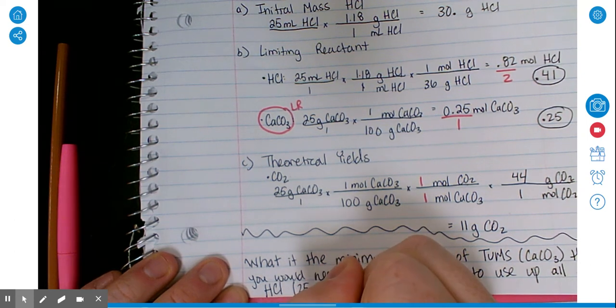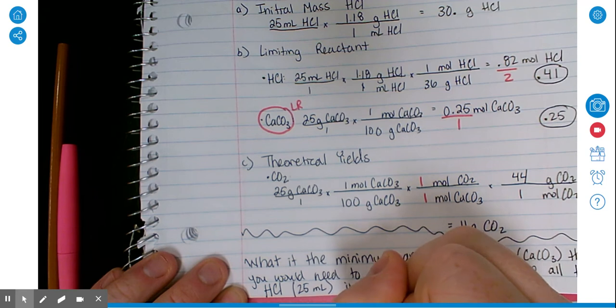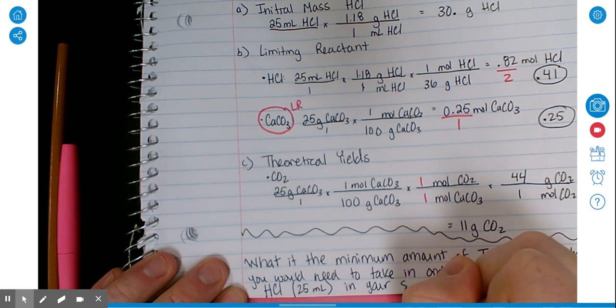So remember, this is where we talked about the 25 milliliters in your stomach.